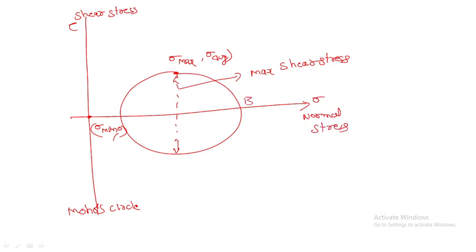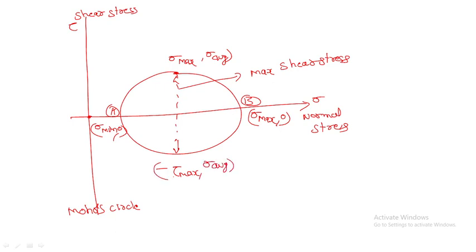At this B point and this A point, at B point tau max comma 0, and at the bottom minus of tau max comma 0, or tau average.